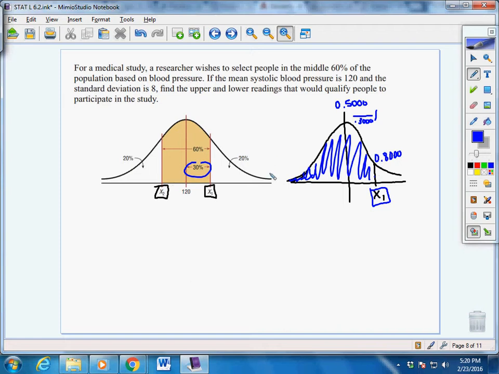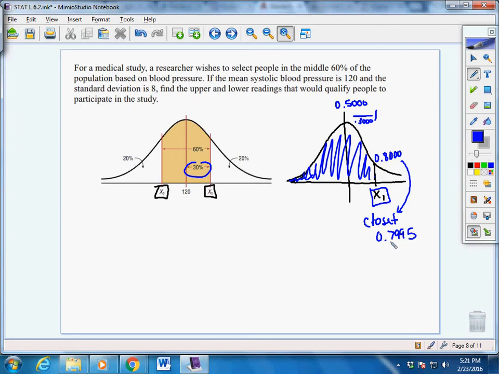So if you go to your standard normal distribution chart and look at the positive side, because we're to the right of our mean, the closest thing you're going to find to 0.8 or 0.8000 is 0.7995.